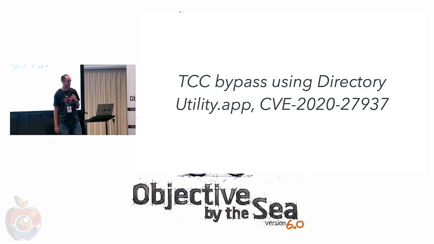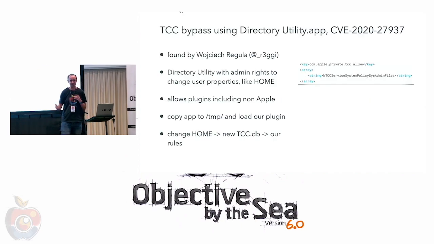Then we have another one. It's another TCC bypass using Directory Utility. This was found by Wojciech, who talked here before. Essentially, the idea is the same. He found that Directory Utility can load plugins, but again, it's on the system partition. But again, you can copy it out to the temp directory or wherever you want and load your own plugin. This was interesting because this application has an entitlement to change sysadmin files, to perform administrative tasks on the system, and also to change the home folder of the user.